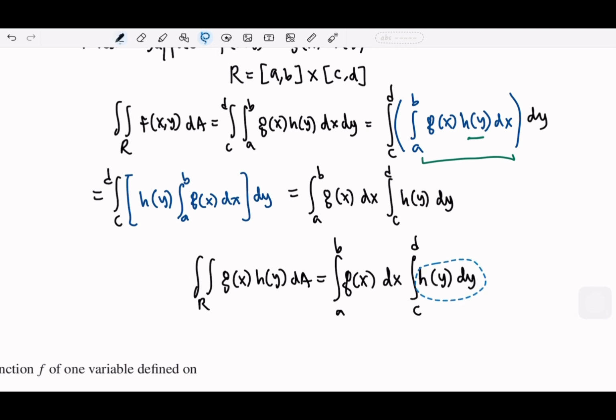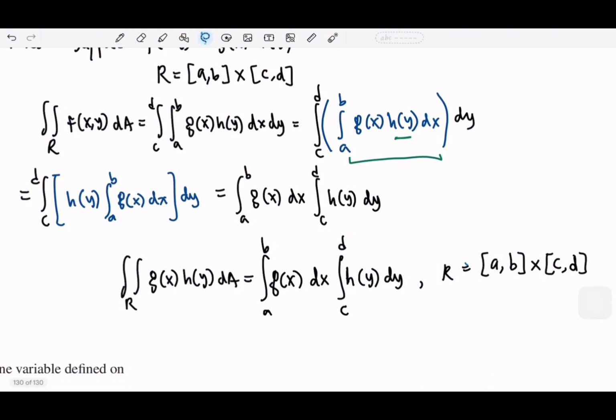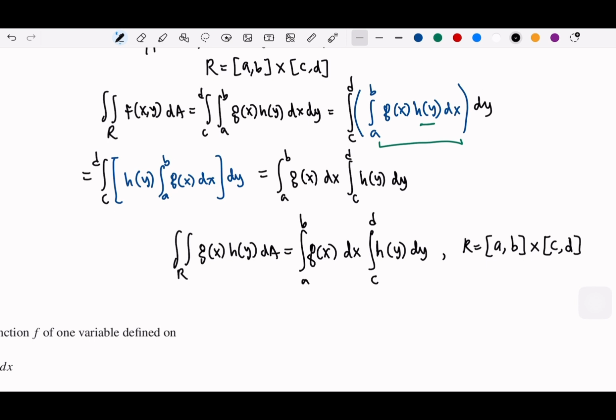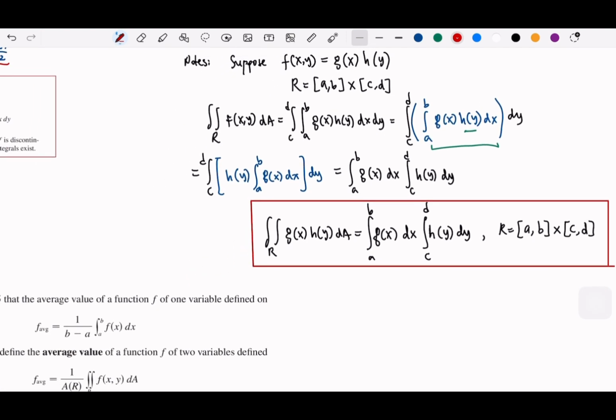So if you see any function that is separated in x and y, you can separate them and then integrate with different endpoints according to R. I forgot to give this part.